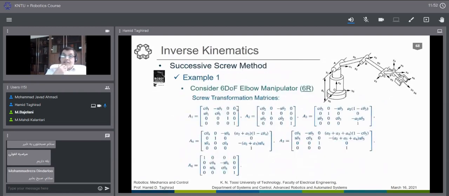The first example is a 6 degree of freedom elbow manipulator, which does not satisfy the Pieper relation. The Pieper theorem says that if 3 intersecting joints are available, we can find the parameters and the inverse kinematic quite easily.